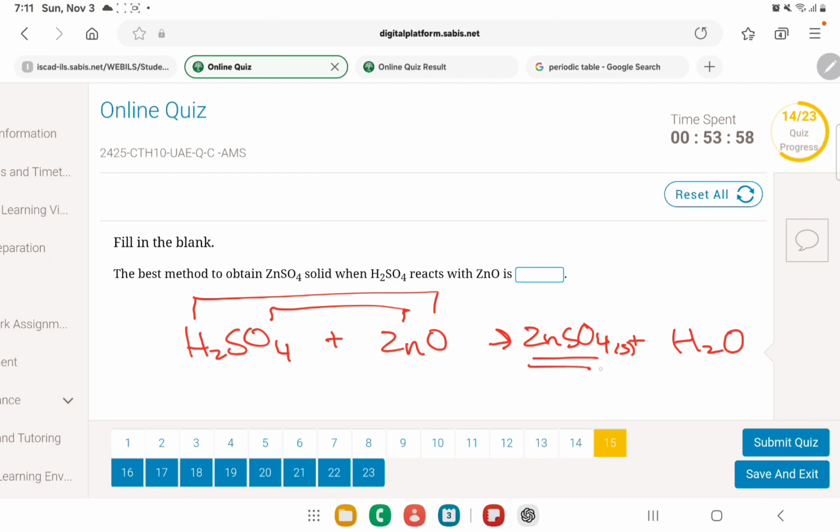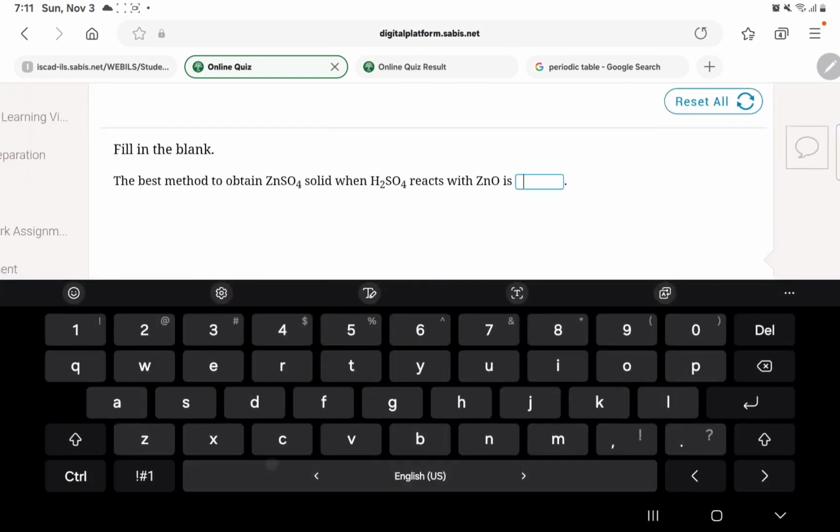So if I have ZnSO4 and H2O, how do I get rid of the H2O? We just use crystallization, right? So crystallization, that's the answer.